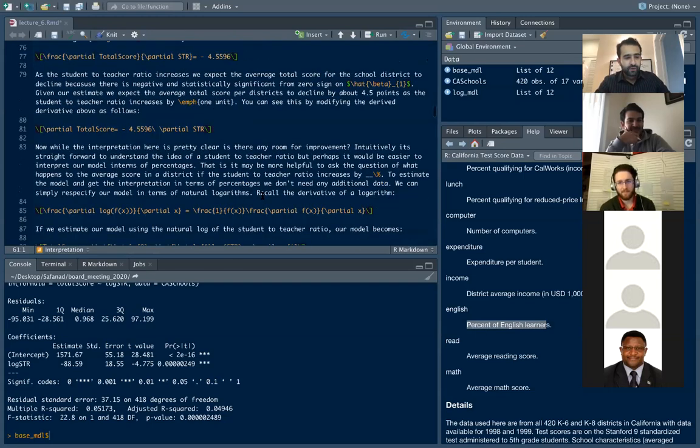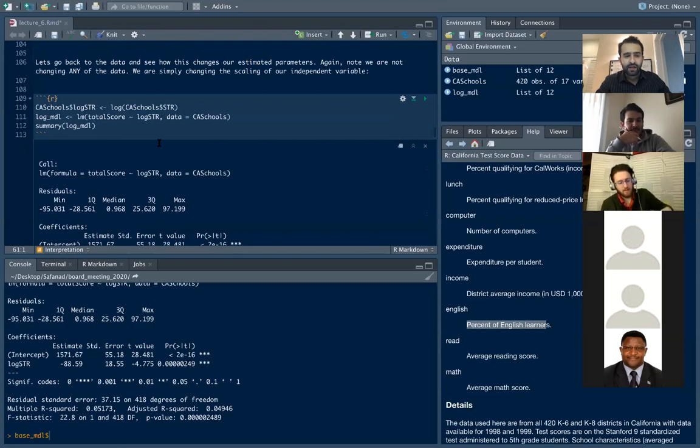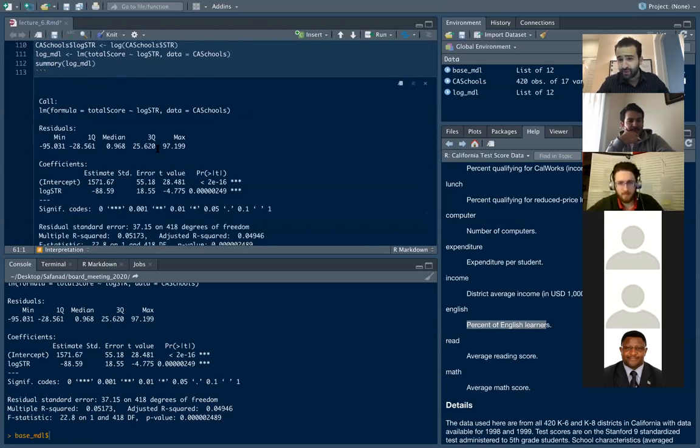Okay. So if we look back now at our log specification, the intercept term is entirely different. Before we had 1,397, now it's 1,571. Okay, who wants to interpret this for me? If there is a 1% increase in the student to teacher ratio, what is the impact on the test score?